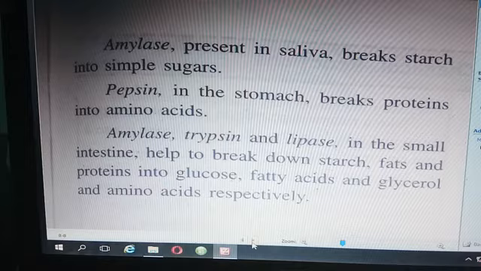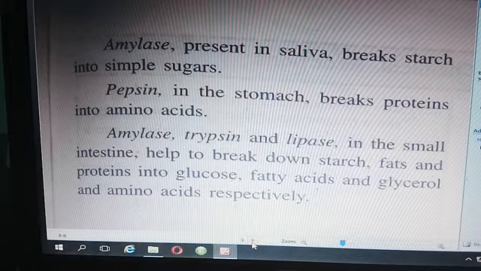Actually it is the action of amylase present in saliva that breaks starch into simple sugar. So what is the function of the enzyme amylase? It is to break starch into simple sugars.